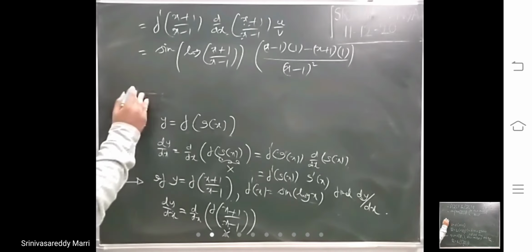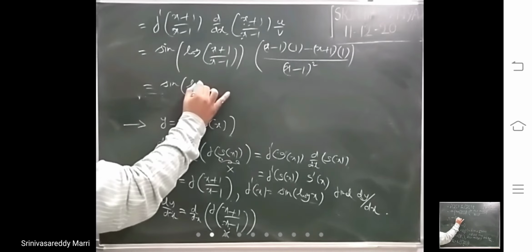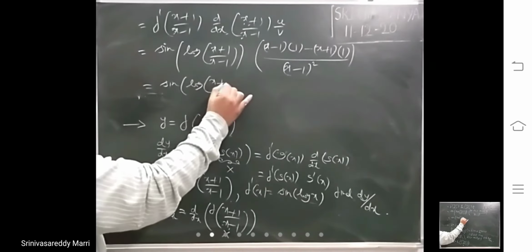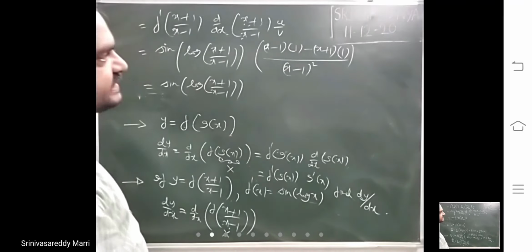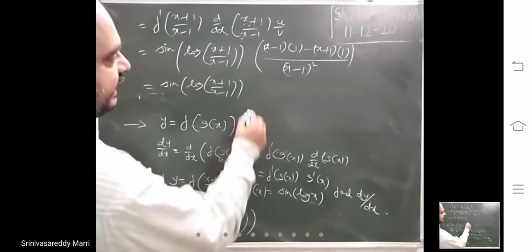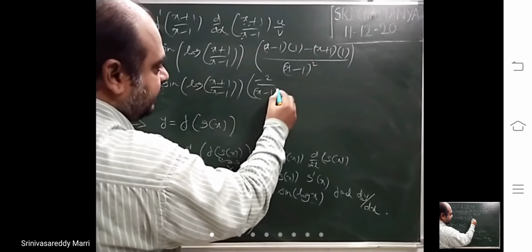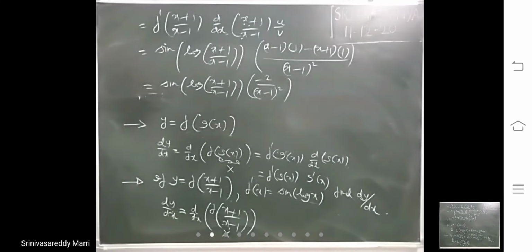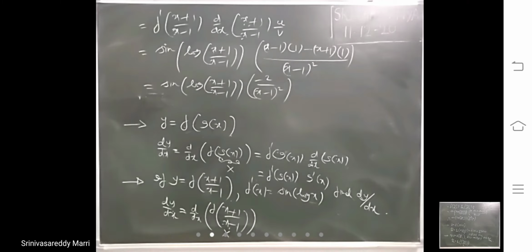That means your answer is, the x's cancel, minus 1 minus 1, so minus 2 divided by (x minus 1) whole square. That is how to do it for a composite function.